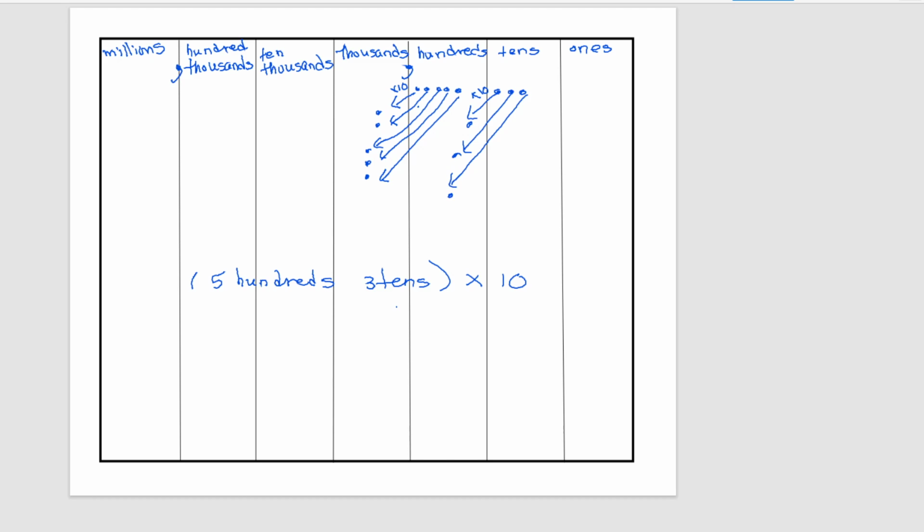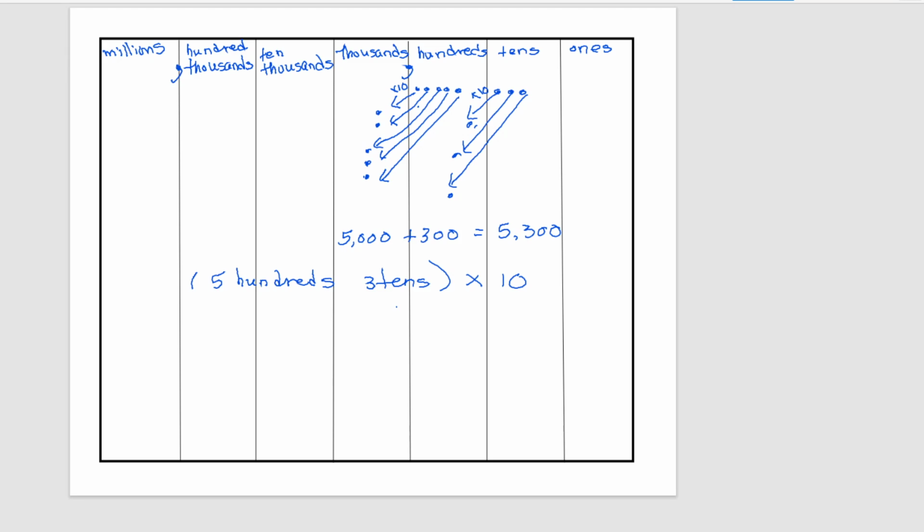So here we have 1, 2, 3, 4, 5 thousands. We have 1, 2, 3 hundreds. So together that would be 5,300. So we can write this in unit form and then again in standard form.